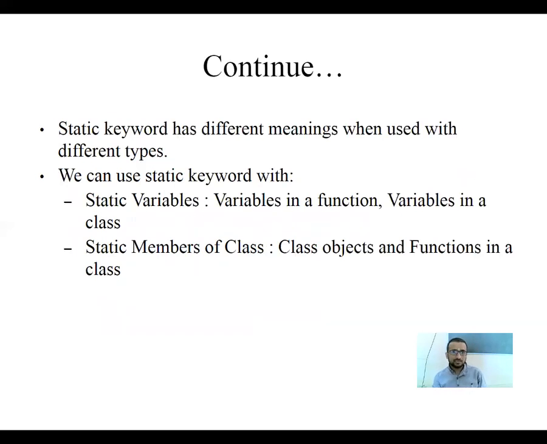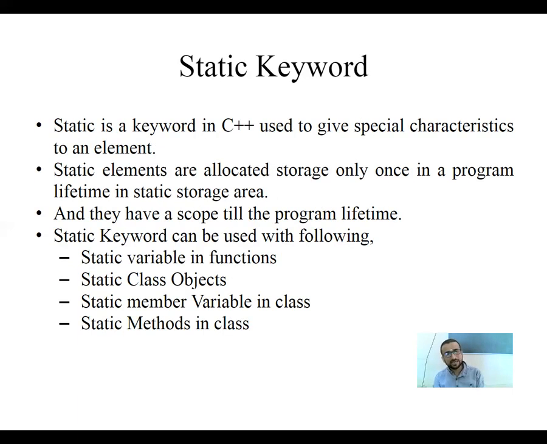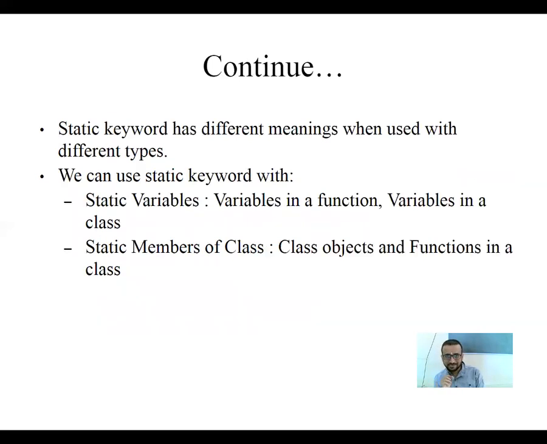Then the static keyword has a different meaning when it is used with different types, right? In the previous slide, we discussed that it has four types: the variables in functions, then class objects, then member variables in class, and methods in class. So every time the static keyword is going to have a different meaning when used with different types.